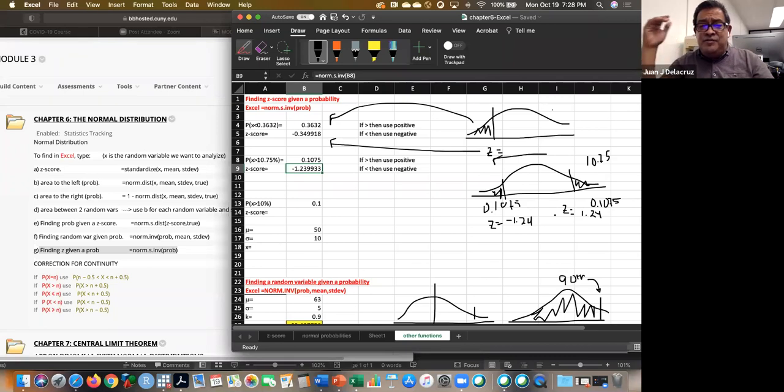Is this clear for everybody? So here the idea is that you can use the same norm.s.inv and then the probability for both the positive and the negative. So if I am using here the greater than, of course the C-score on the other side is going to be a positive number, right? In this case it is the less than, here it is the more than.